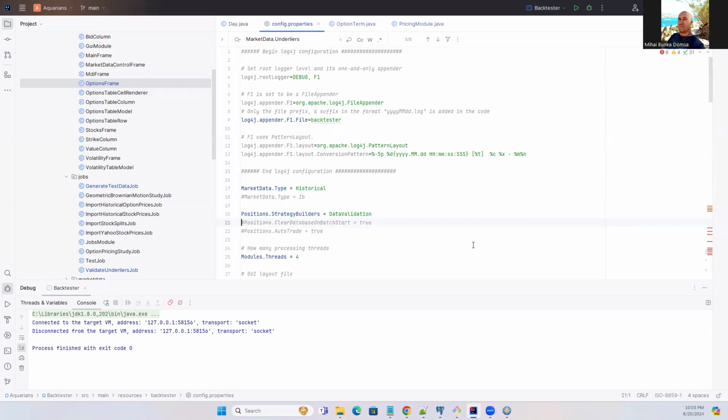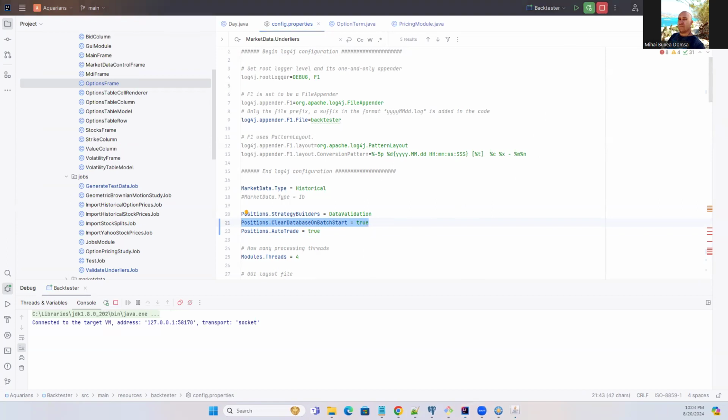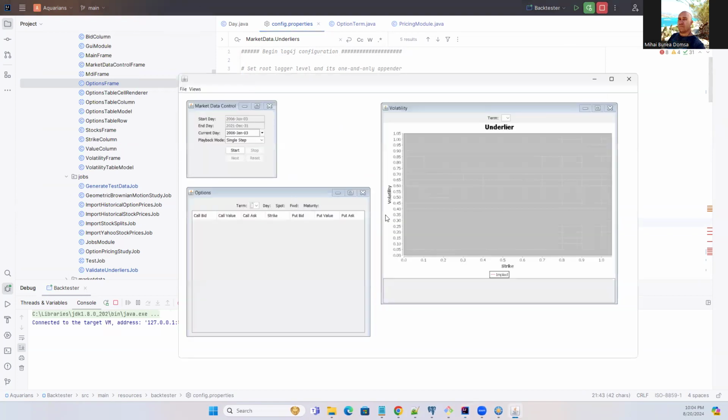Uncomment this also. So in order to enable strategies, this has to be enabled. And this one is on each restart to automatically clear the results of previous strategies. It's handy to use it.